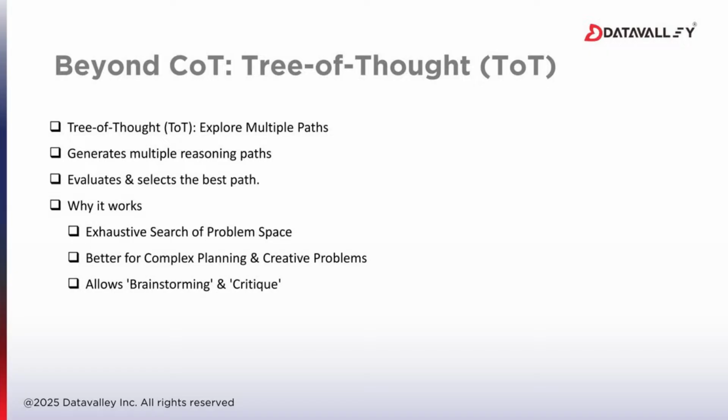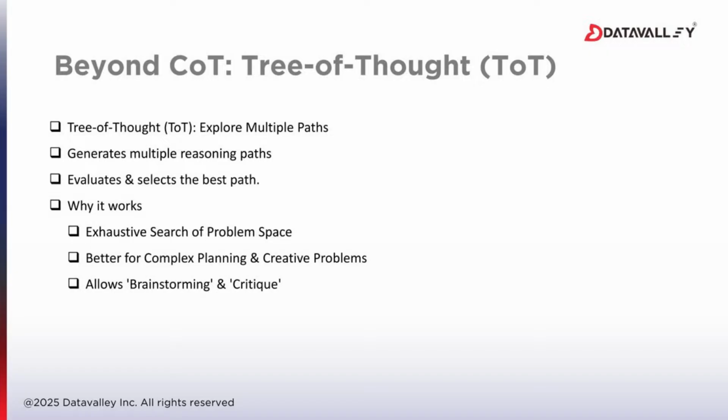So here TOT allows the model to explore a wide range of potential solutions and strategies rather than committing to a single linear path. This significantly increases the chance of finding the best way or highly creative solutions. That is the first thing, because we are increasing the problem space.